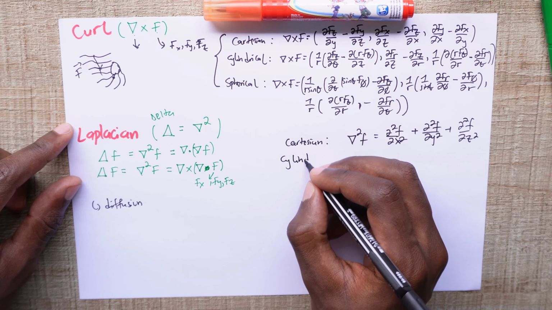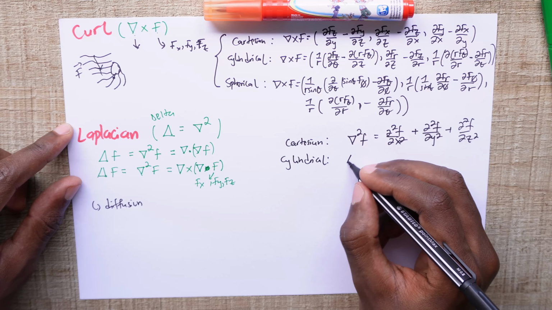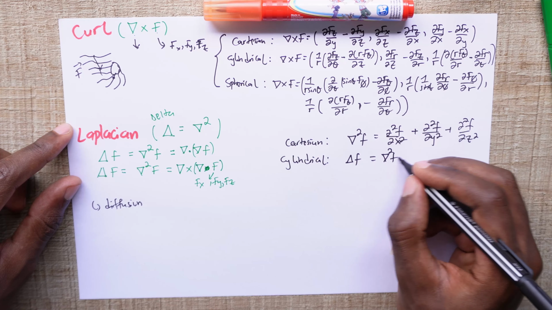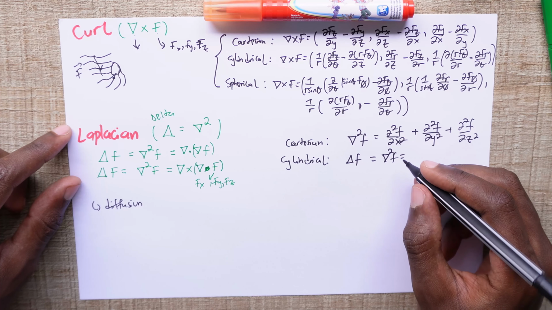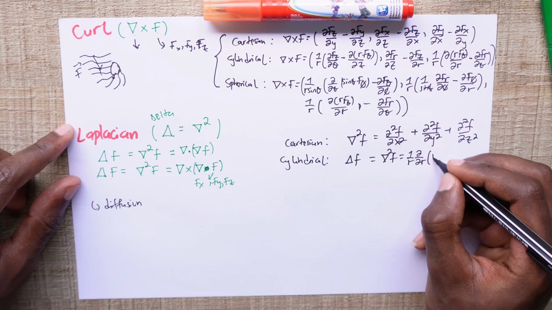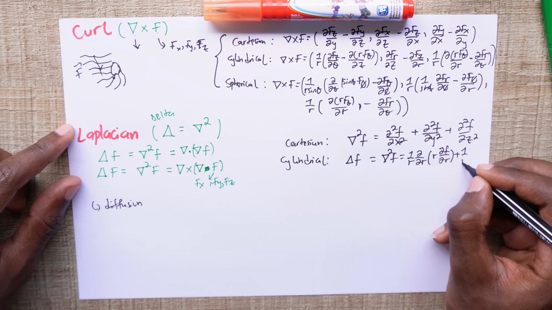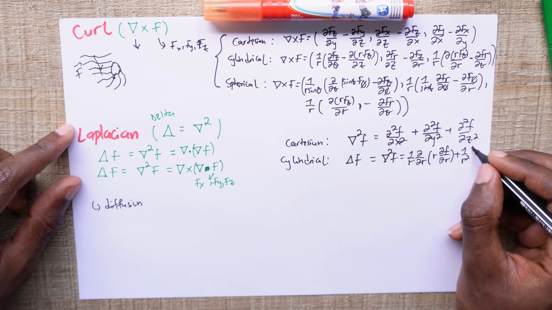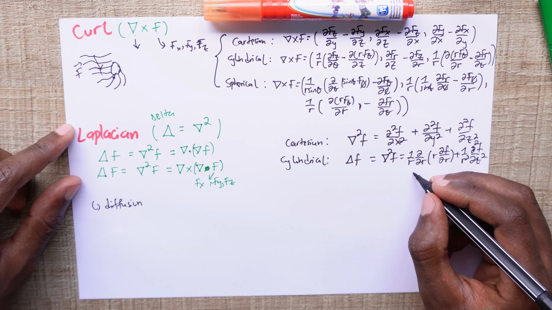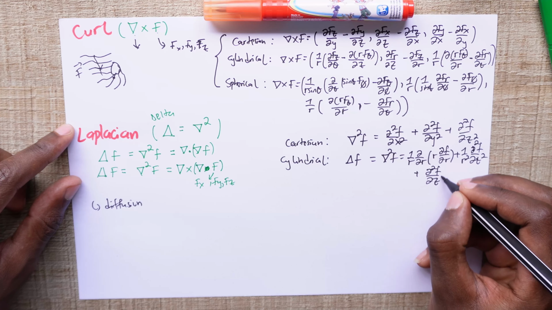If you are in cylindrical coordinates, that would be, so del squared f is the same thing as this. There should be no confusion here. So that's 1 over r d/dr of r del f by del r, plus 1 over r squared del squared f by del theta squared, plus del squared f by del z squared.